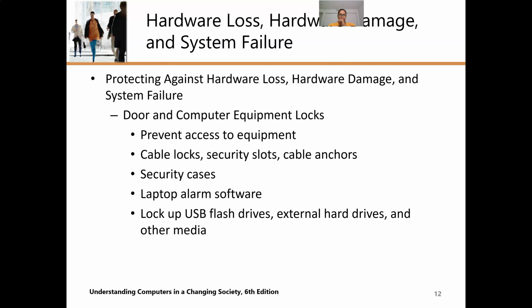These are examples where you would have seen cable locks or security slots attached to your computer or laptop. These could be security cases, again with a password, and alarm software and USB locks for USB flash drives. We will be seeing all these images very soon.